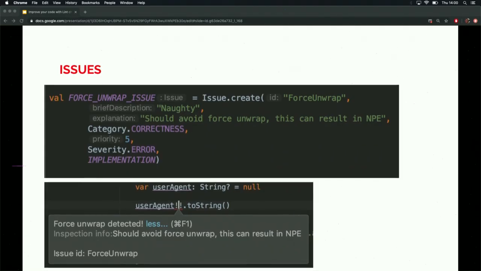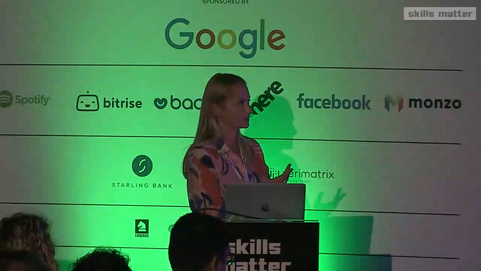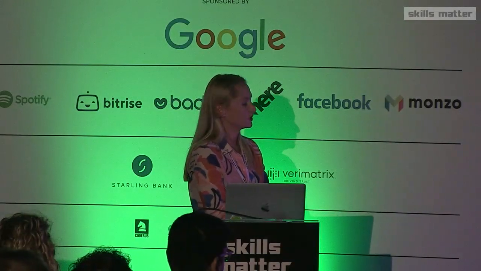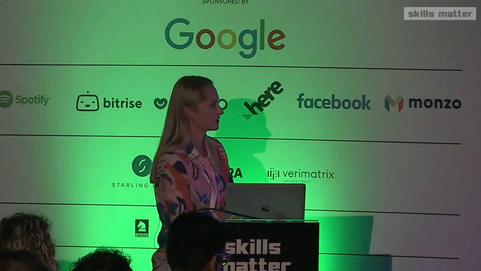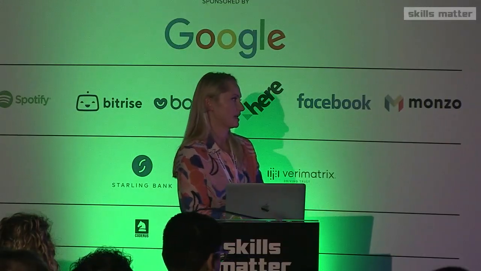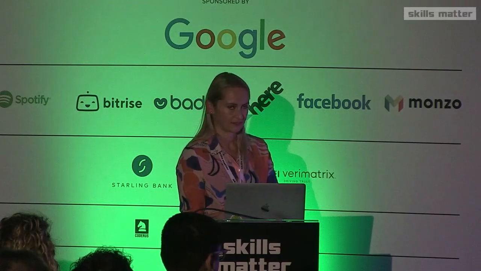So you have the ID for double bang, and then the explanation. This is what the user will see whenever they input something like that. And then the category for us is going to be correctness, and severity error, because we do want to break the build if we find something like this.